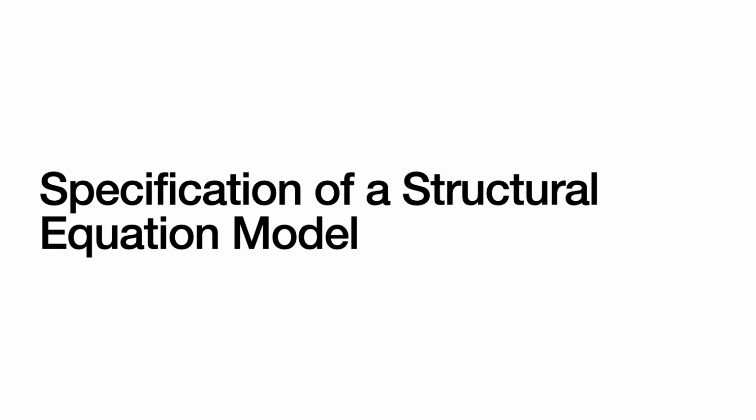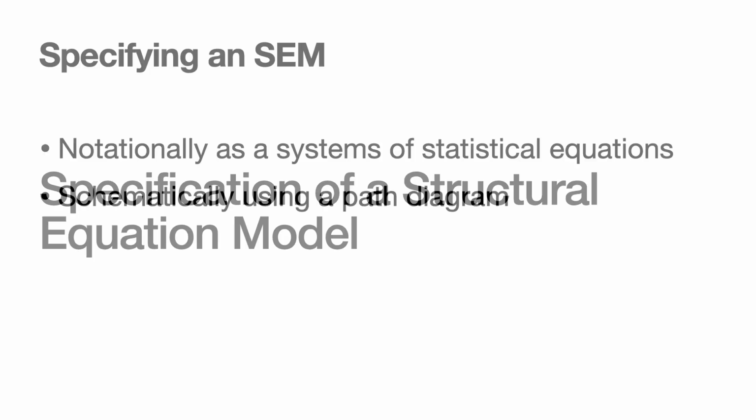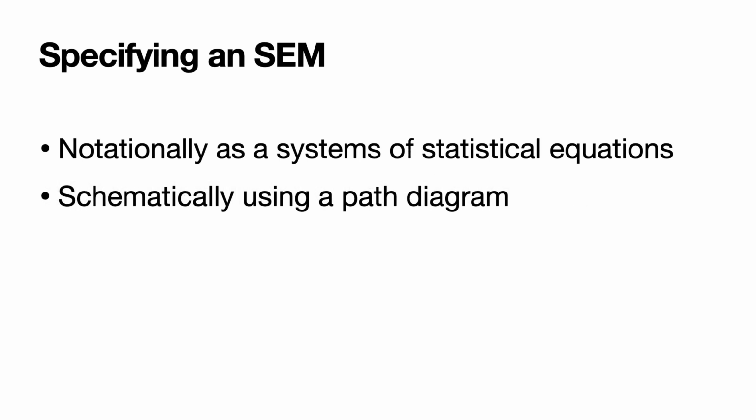Next, let's look at how to specify a structural equation model. Now, there are two primary ways of specifying an SEM. The first is to specify it notationally as a system of statistical equations. In addition, we can also specify an SEM schematically using what is called a path diagram.